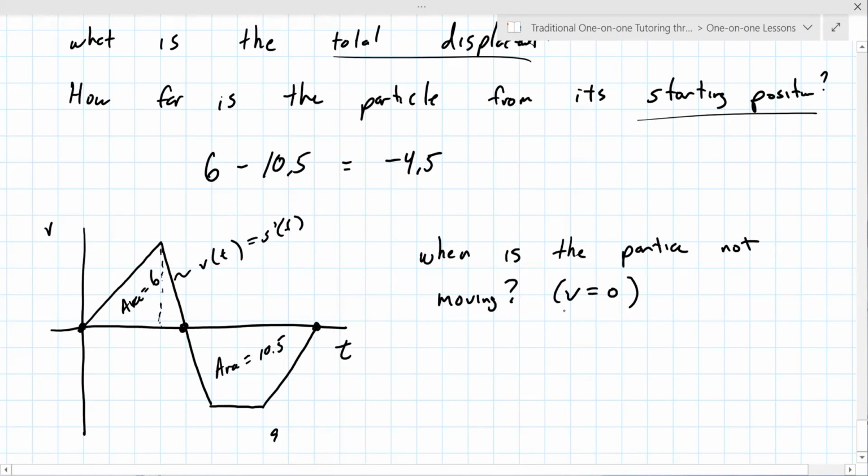It's when its velocity is 0. Remember, this is the velocity versus time graph. I see. Okay. So t equals 0 and 4.